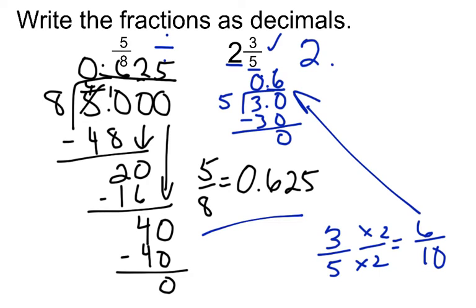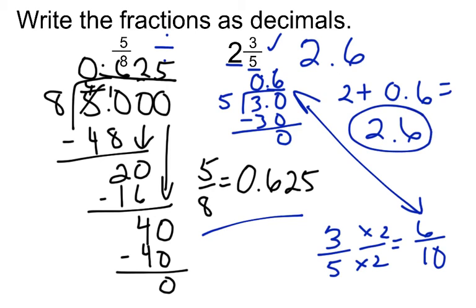Those are two ways of getting the same result. So 6/10 is my fraction part, so it's 2 and 6/10. Basically you add 2 plus 6/10 to give you 2 and 6/10, which is the same as 2 and 3/5. So I hope this helps you with writing your fractions as decimals.